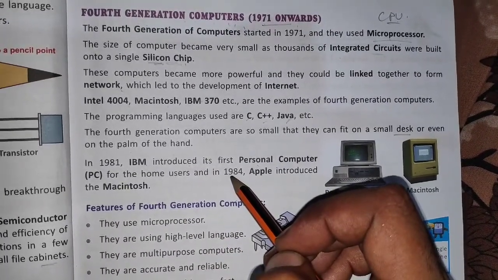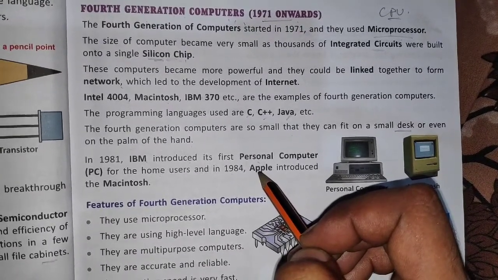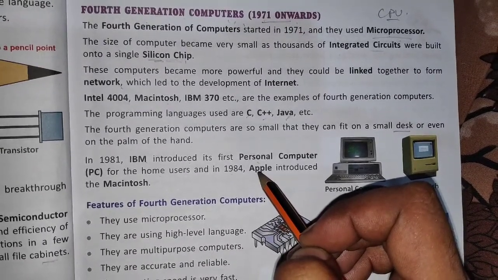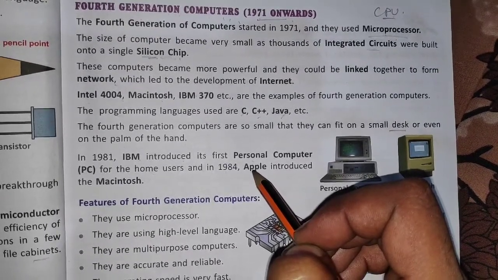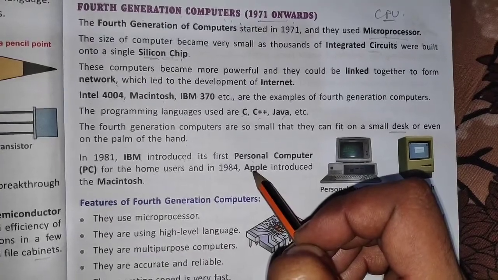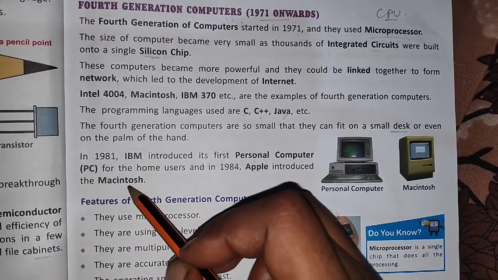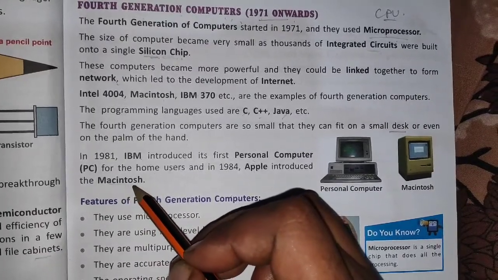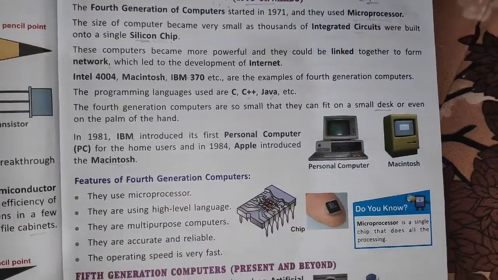And the Apple company, which you already know, is very popular for developing devices like Apple computers, iPhone, etc. Apple also introduced its first computer, the Macintosh, in 1984. Macintosh computers were built by the Apple company.